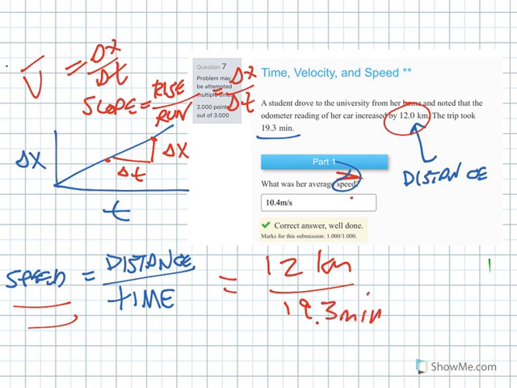So this is interesting because you could enter 12 divided by 19.3, but if you do that, the units need to be kilometers per minute, right? So let's just see, what is this in kilometers per minute? You get your calculator out, and you do 12 and then 19.3 and you divide those.